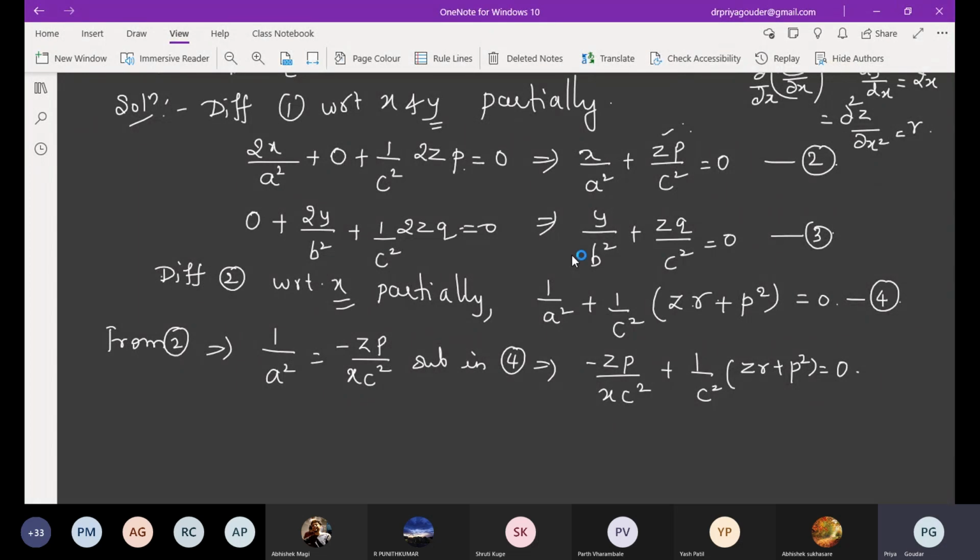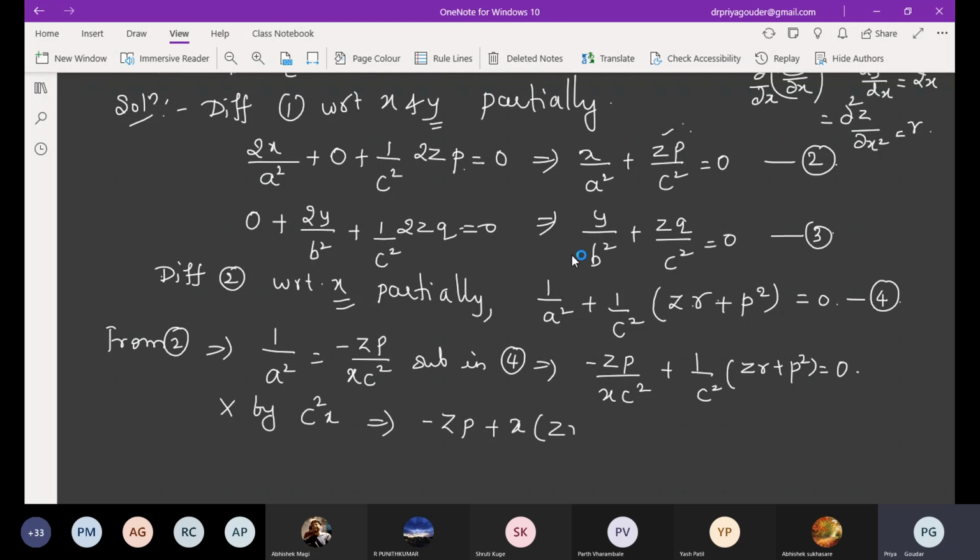It is like taking LCM. Or the best way, what I will do, multiply by c square into x. Just see what happens. If you multiply by c square into x, this denominator cancels. What remains? Minus zp. Here, if you multiply, c square cancels, x remains, no?